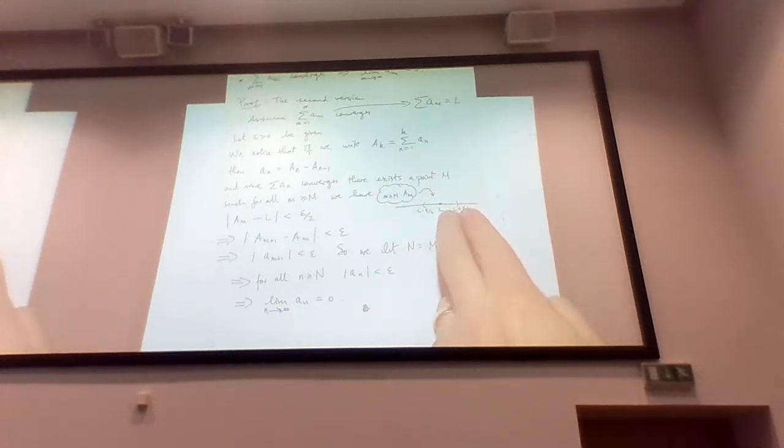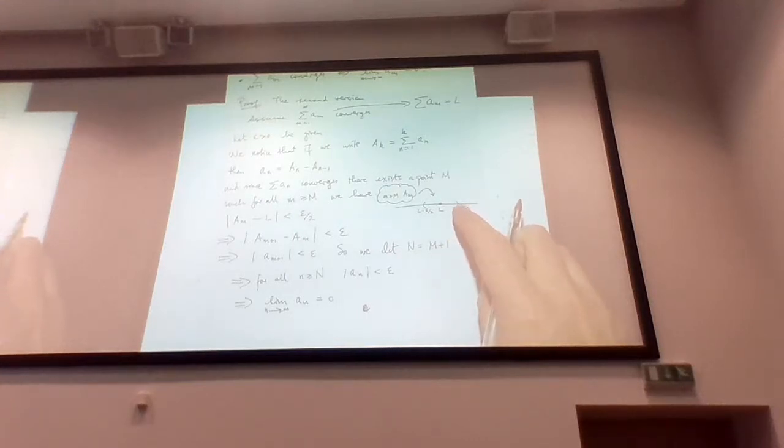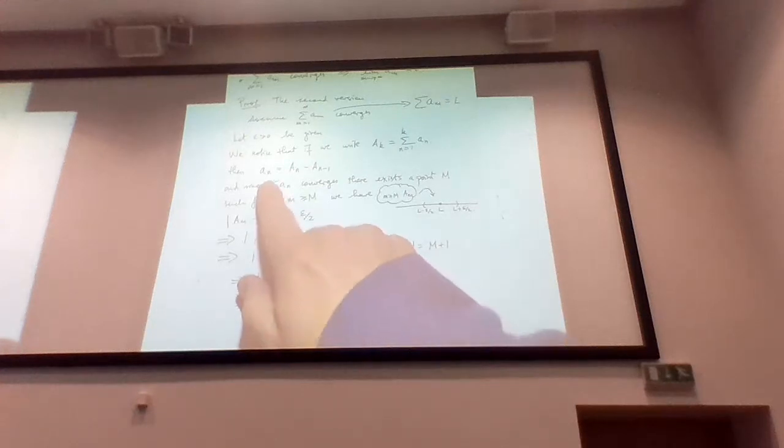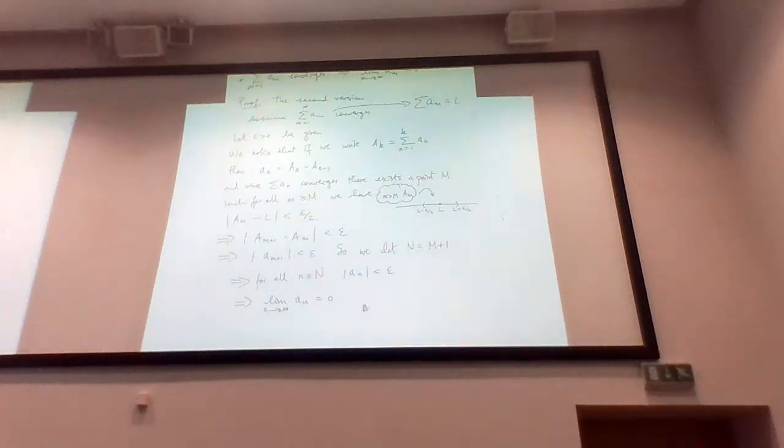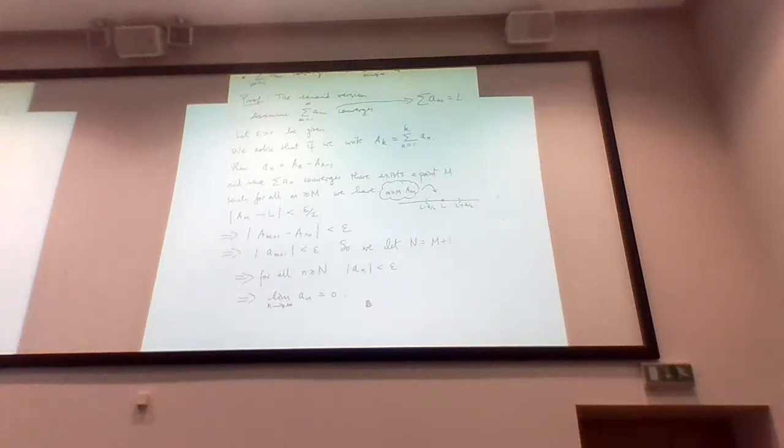But we've arranged it so that this small interval around the limit has total length epsilon. But the difference between any two consecutive partial sums is one of the terms of the series. So the terms of the series must all be strictly less than epsilon beyond this.